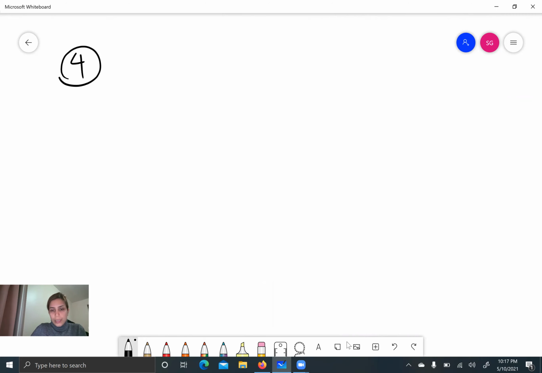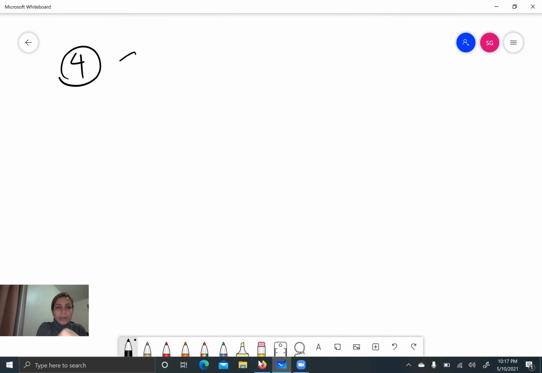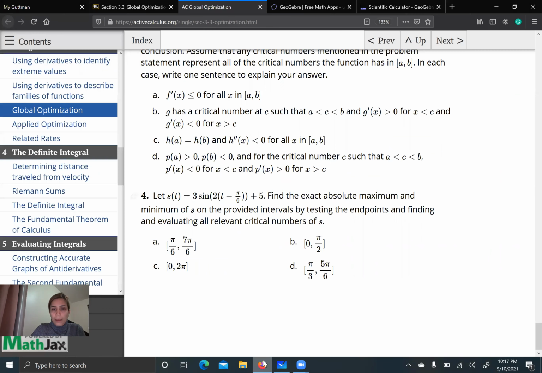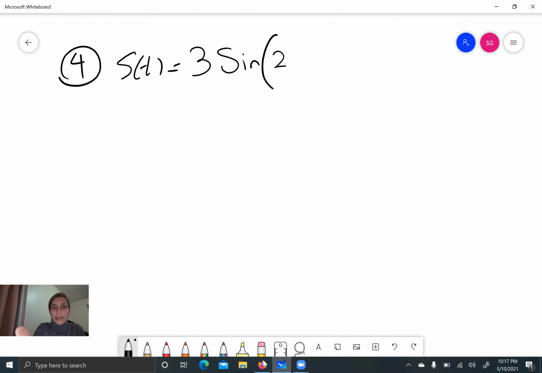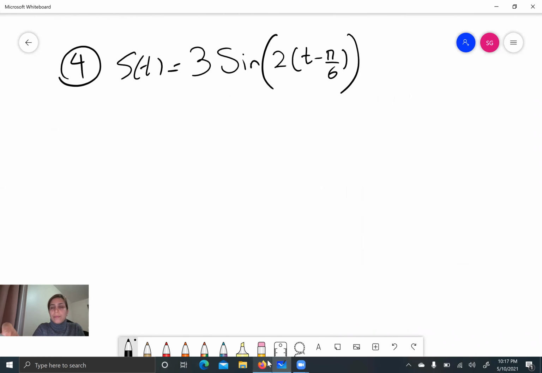And the function, named S, is 3 sine of 2 times t minus pi over 6, and then plus 5.